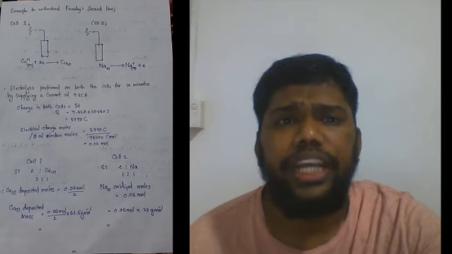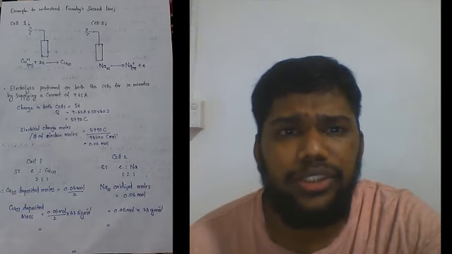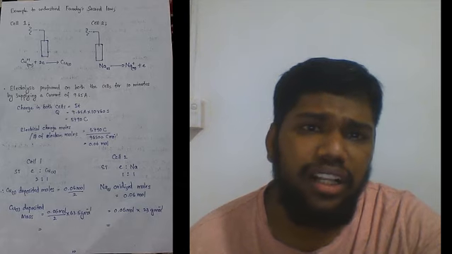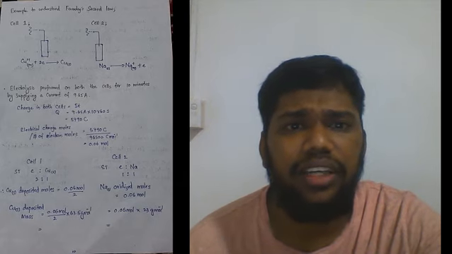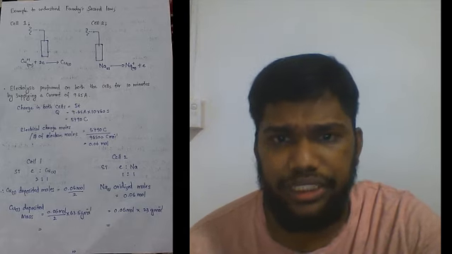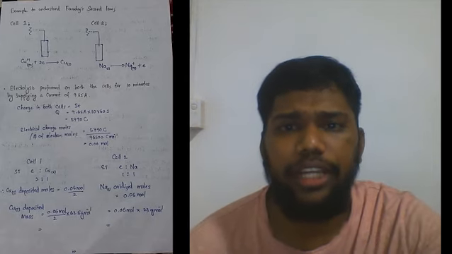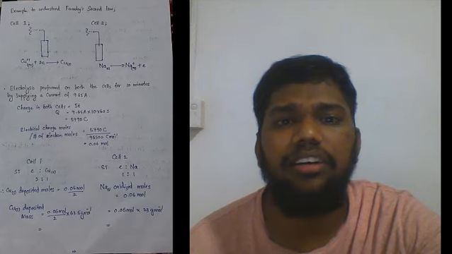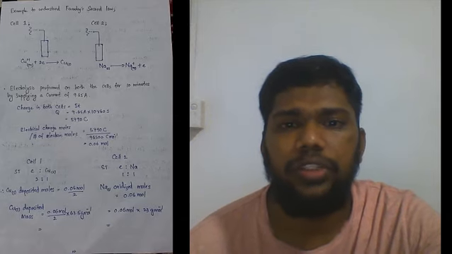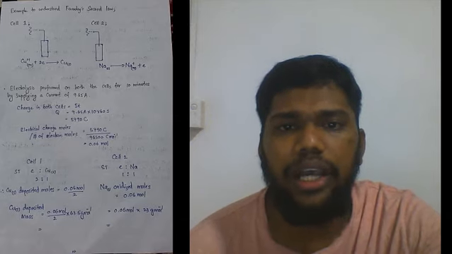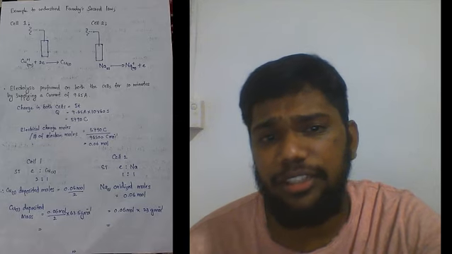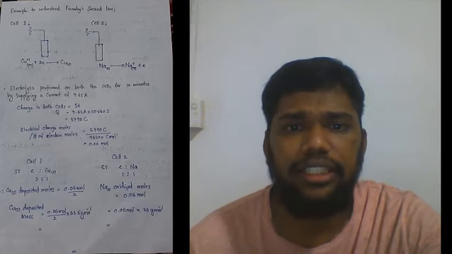We will take two cells, cell 1 and cell 2. In cell 1 the reduction is given, in cell 2 the oxidation is given. This electrolysis is performed for 10 minutes by supplying a current of 9.65 amperes. By using Q equals IT, you can find the charge that is given.